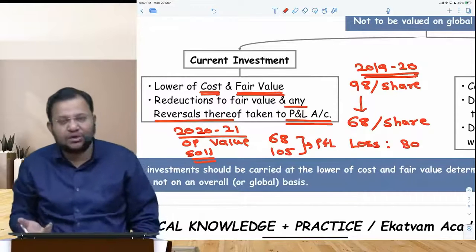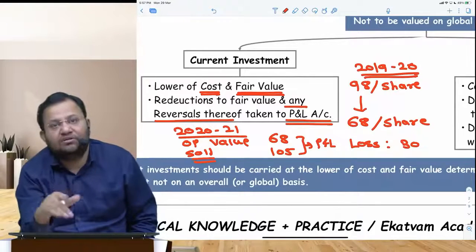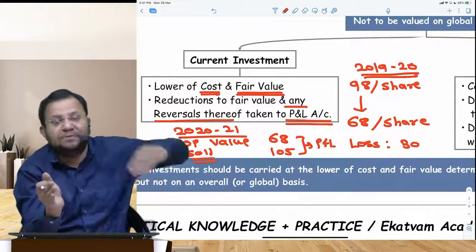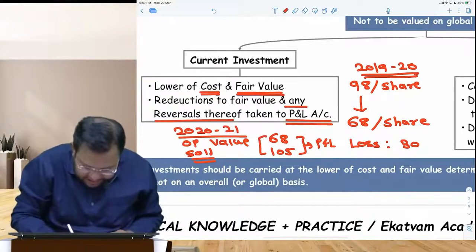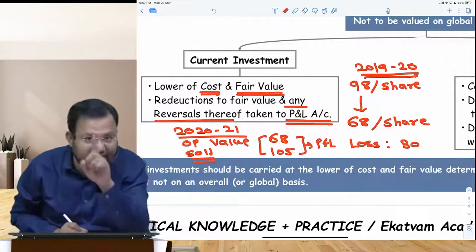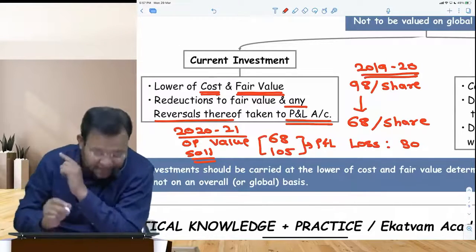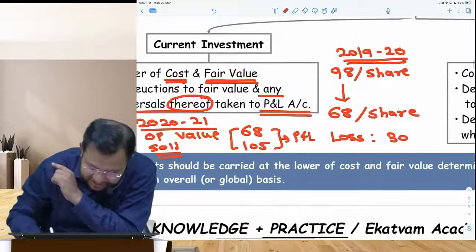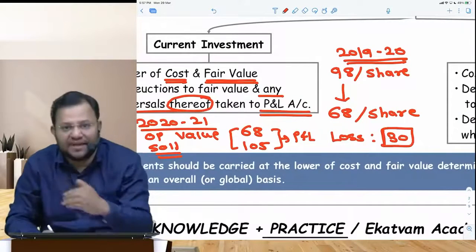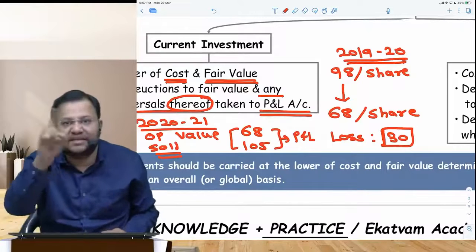If you have not sold it, you will account reversal only up to previous cost. So if it is not sold and it is valued at 105, the entire difference will not go to the P&L. Reversal of the earlier 30 will be credited to P&L. So 68 plus 30, 98.